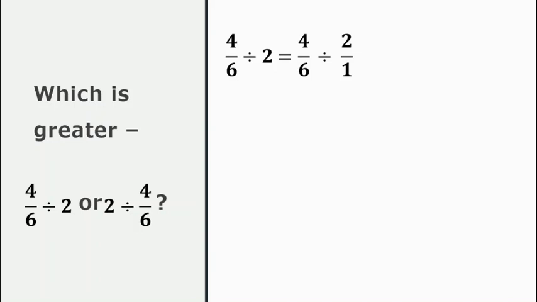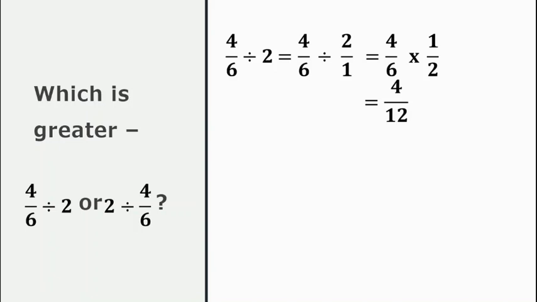We got 2 over 1. Next, we need to change our division symbol into multiplication. Then change our second fraction, 2 over 1, into its reciprocal. That is 1/2. Then we need to multiply. 4 times 1, that is 4. 6 times 2, it's 12. So 4/12.